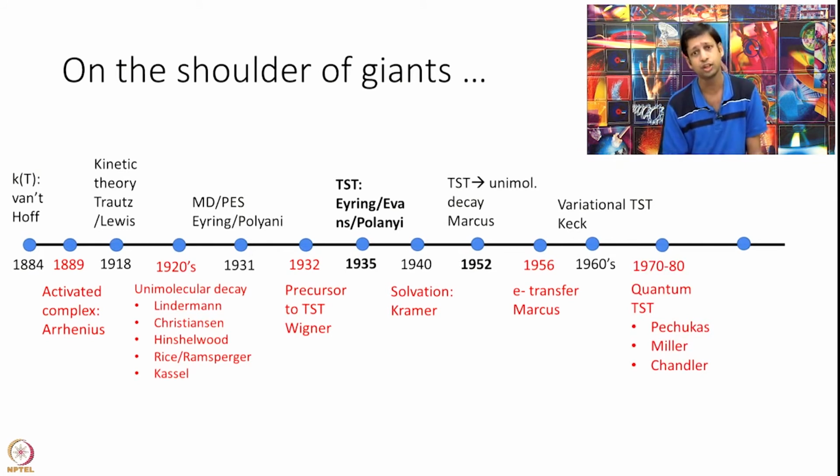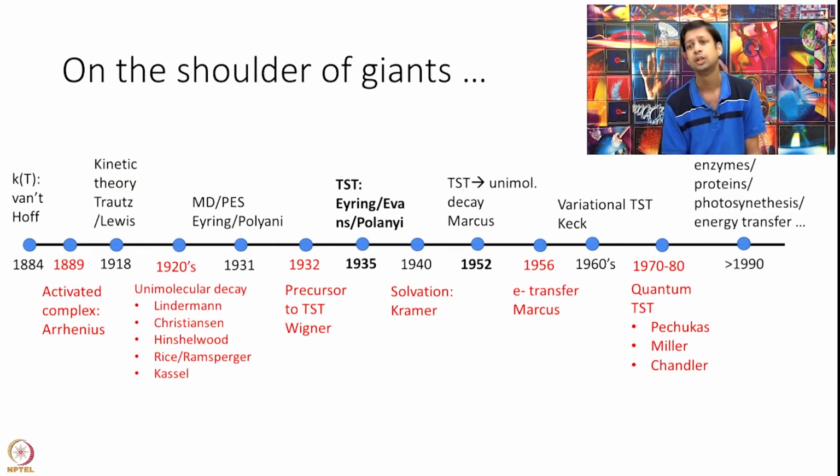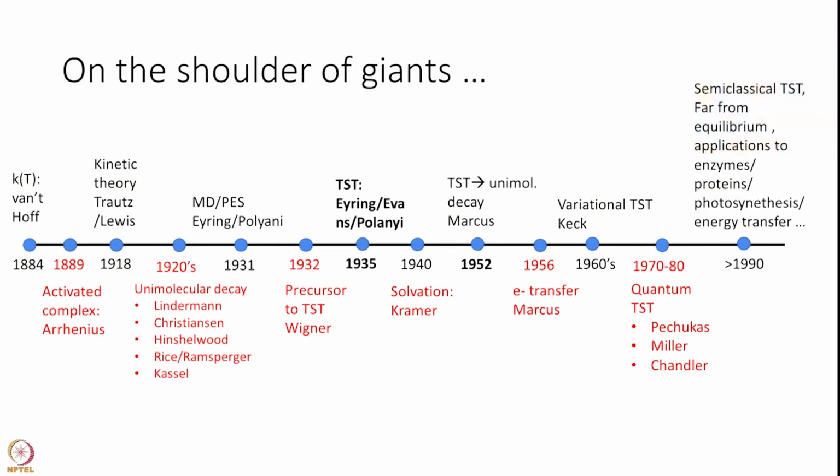Ideas of introducing quantum mechanical effects in transition state theory were introduced in the 70s and 80s, and it is still happening till today. And essentially since then we have been developing over transition state theory, introducing, if we cannot do full quantum mechanics, can we do semi quantum mechanics or semi classical mechanics? How do we apply it to a variety of problems?